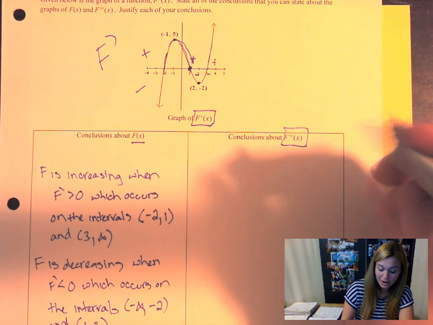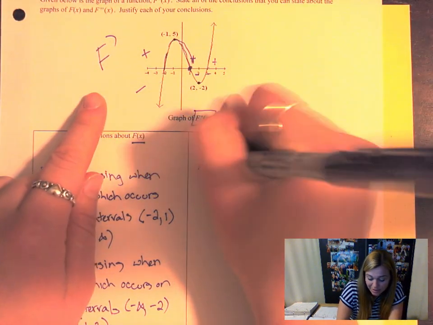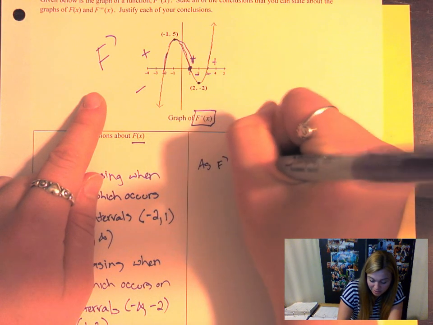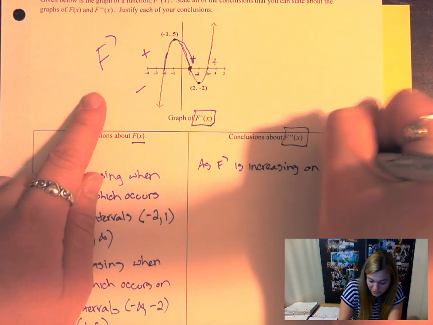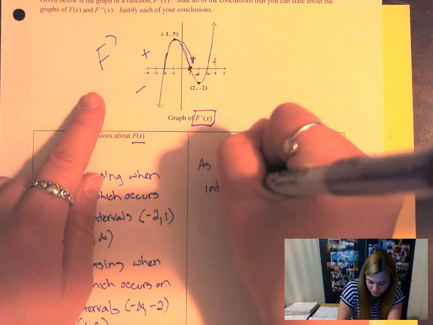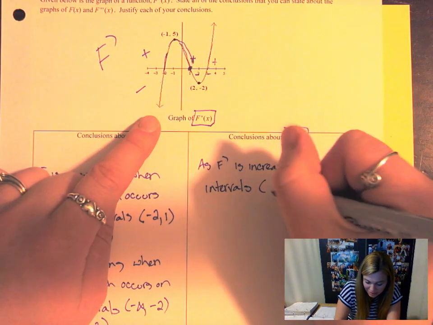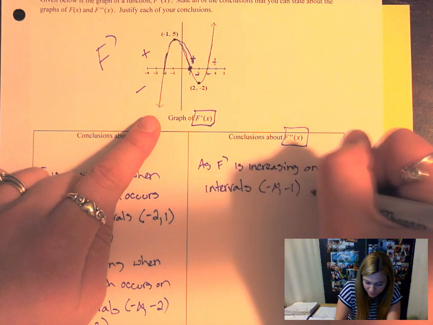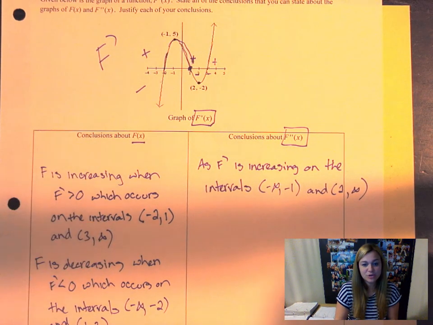So I know right now, as f prime is increasing on the intervals, from negative infinity to negative 1 and 2 to infinity. So I'm looking at all the places where f prime is increasing.